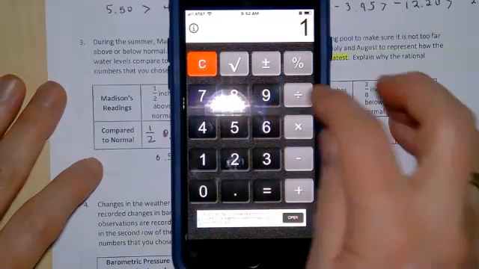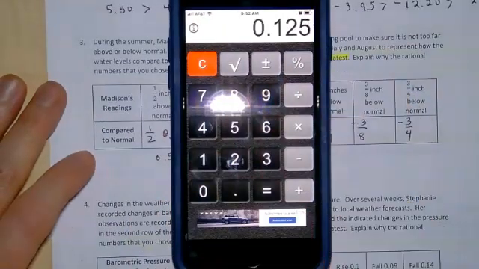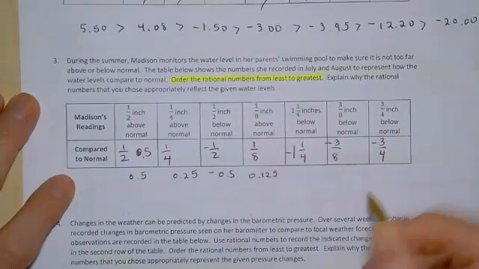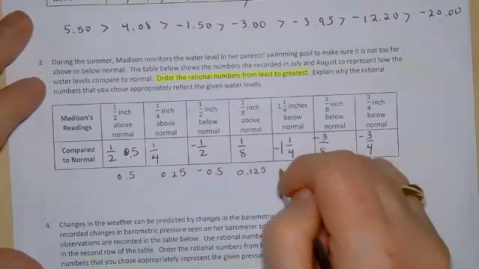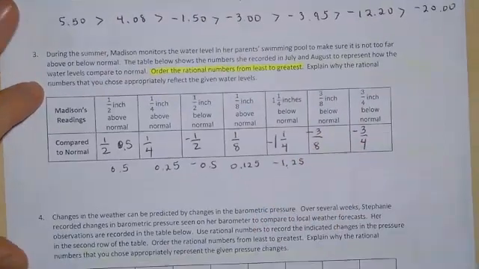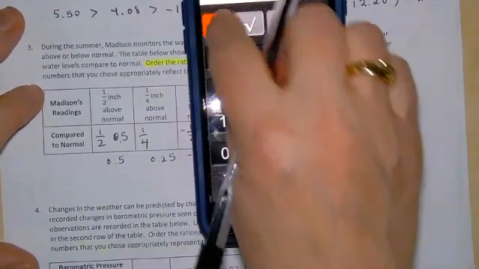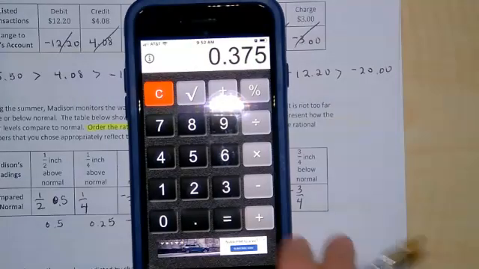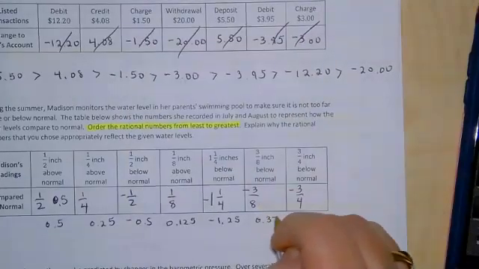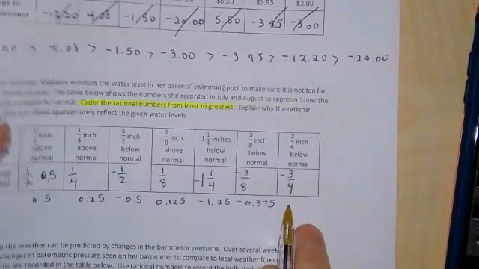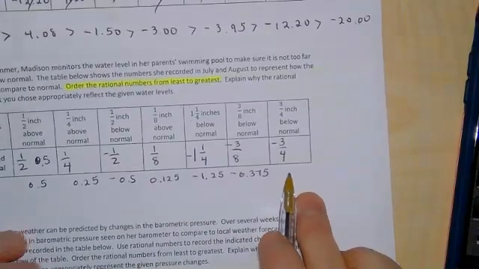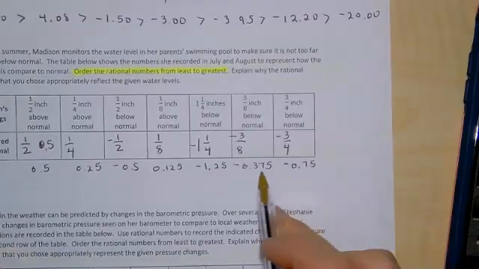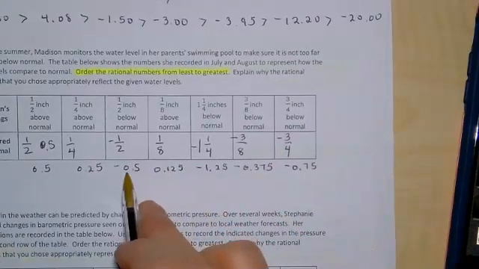Let's see. 0.125. Then negative 1 and 1/4 is going to be negative 1.25. 3/8 is going to be that decimal. And what about 3/4? 0.75. So we got negative, negative, negative, positive, negative, positive.